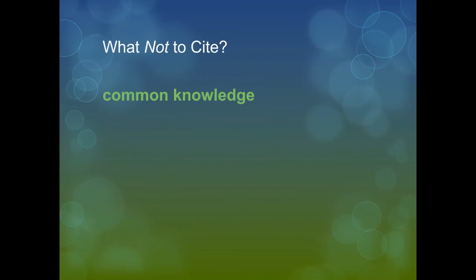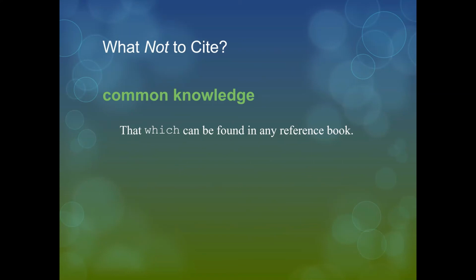Oh, animation. Okay, so if we were together, I forgot I did that. Surprised me. But if we were together, I would ask you guys what you think common knowledge is. But since we're not, okay, common knowledge isn't just stuff like the sun rises in the east and sets in the west, all right?